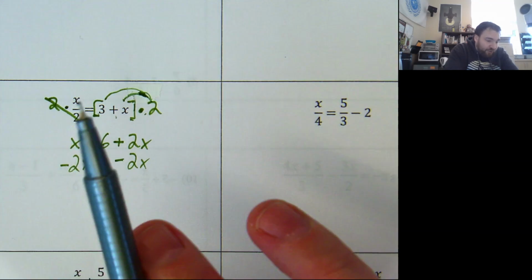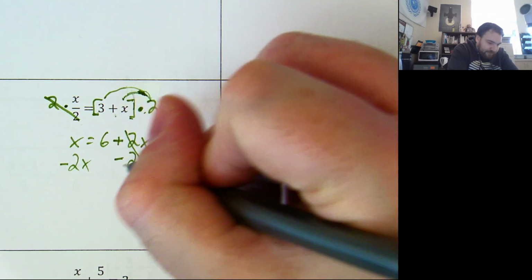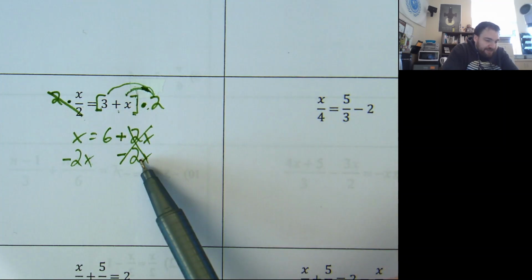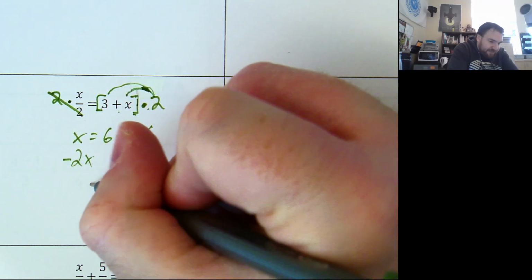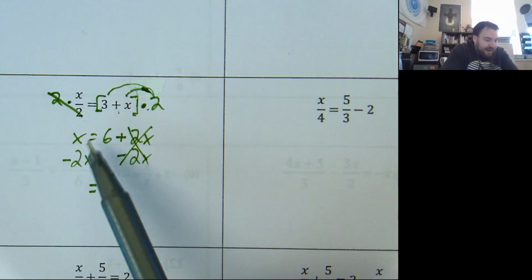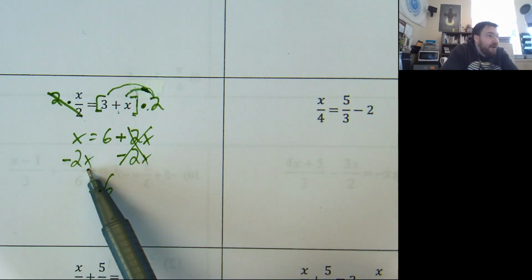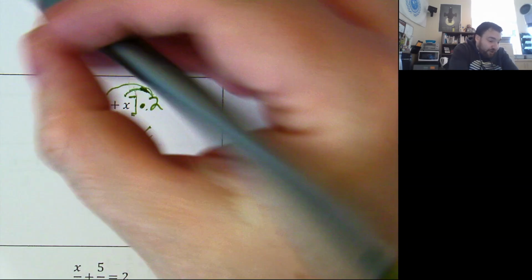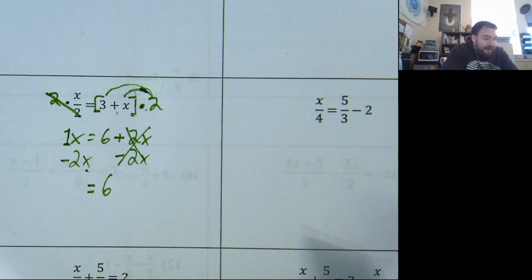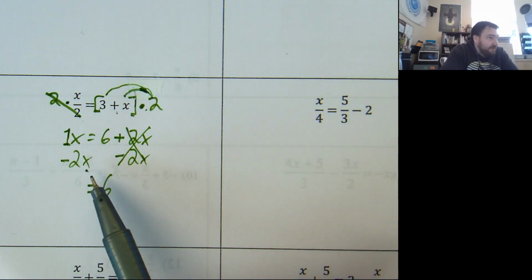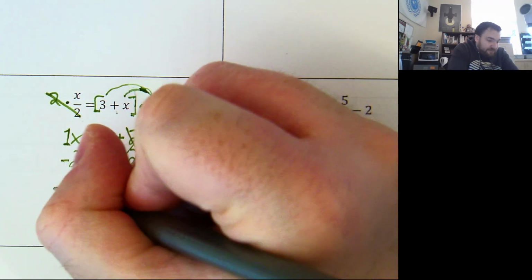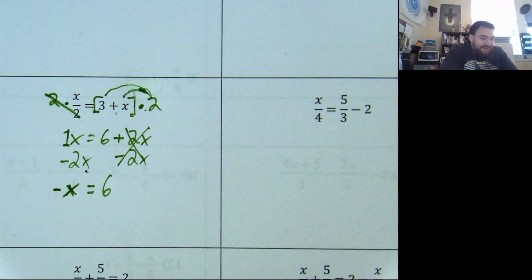I want to leave the 6 alone. 2x minus 2x is 0, and 6 plus 0 is 6. Now 1x minus 2x is negative x. But I don't want negative x equals 6. I just want to know what x is.